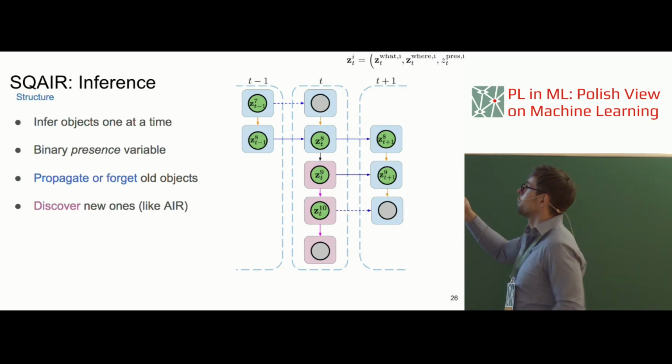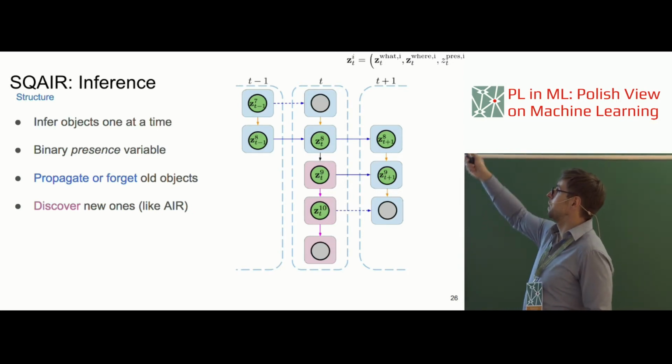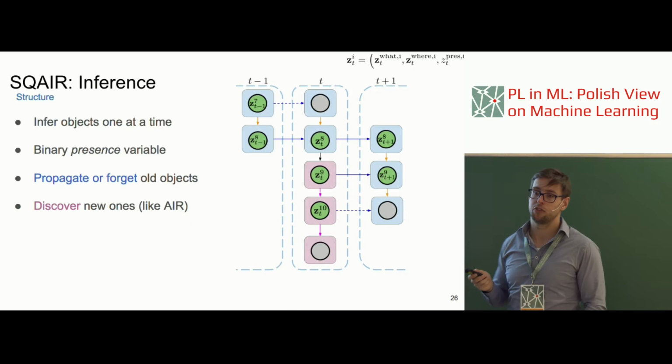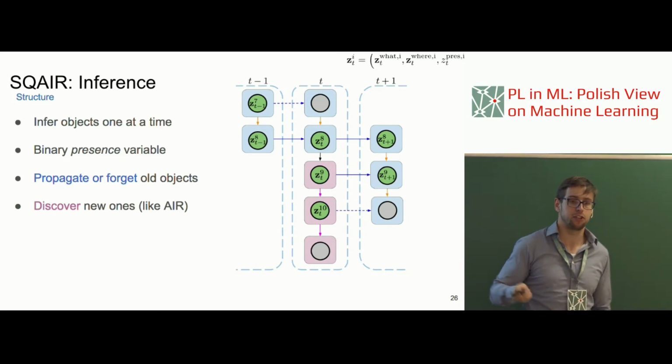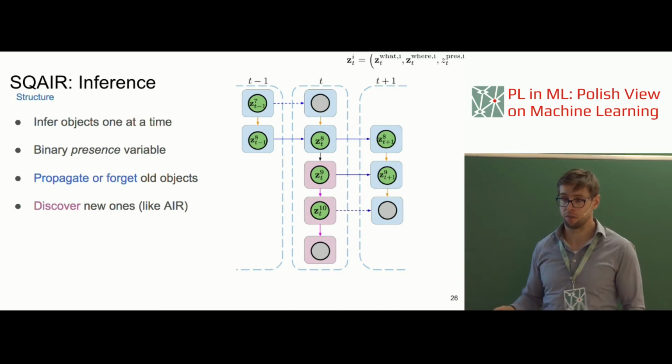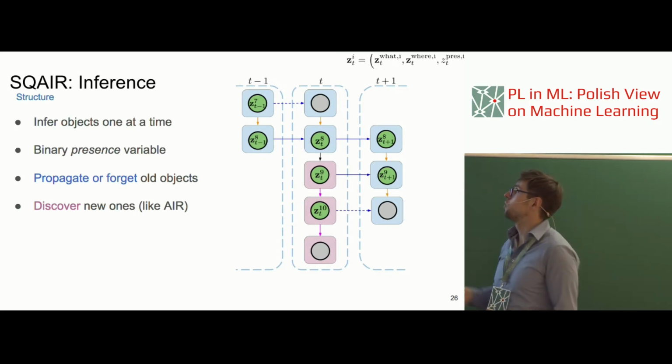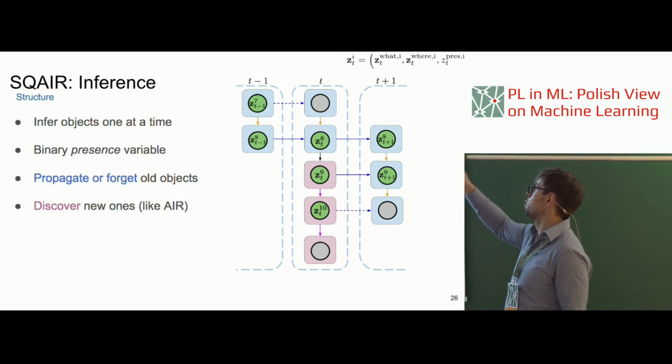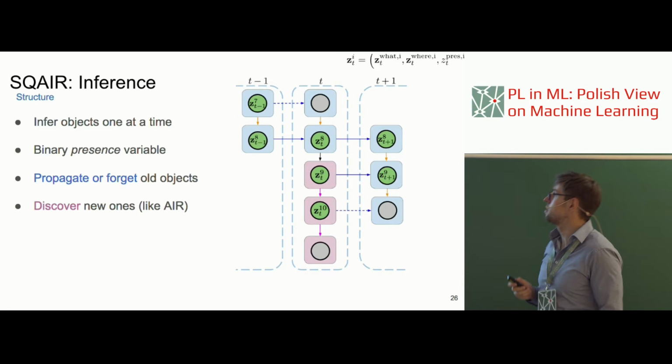So again, to infer, we'll iterate over the blue objects first, and for every object we want to make a decision whether it's still present in the image or whether it left. So the first one, number 7, leaves and number 8 stays.